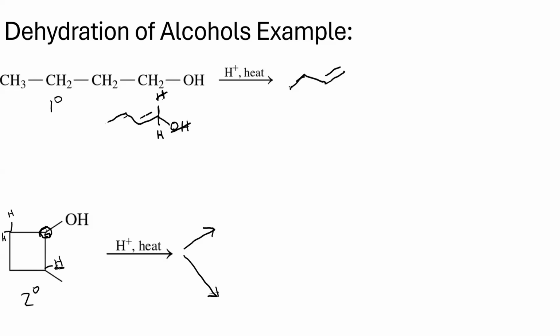So we'll remove this one first, in which case our product should look something like this, with the double bond between the carbon that had the OH and the carbon with the methyl group, or we could form something that looks like this with the double bond on top. The top product would be the major product. This bottom product would be the minor product.